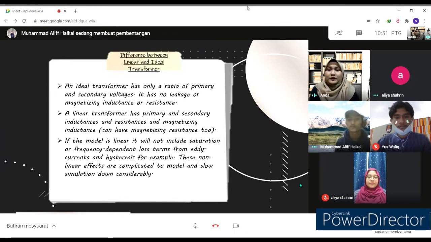A linear transformer has primary and secondary inductance and resistance, and magnetizing inductance, and can have magnetizing resistance too. If the model is linear, it will not include saturation or frequency dependent loss terms from eddy currents and hysteresis, for example. These nonlinear effects are complicated to model and slow simulation down considerably.